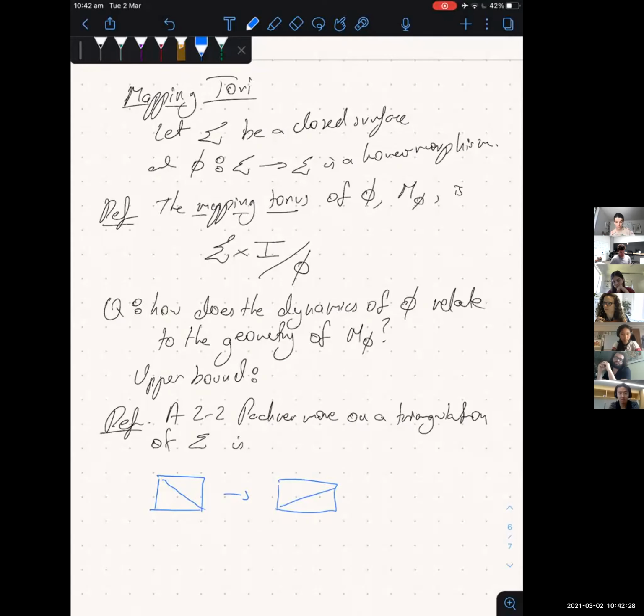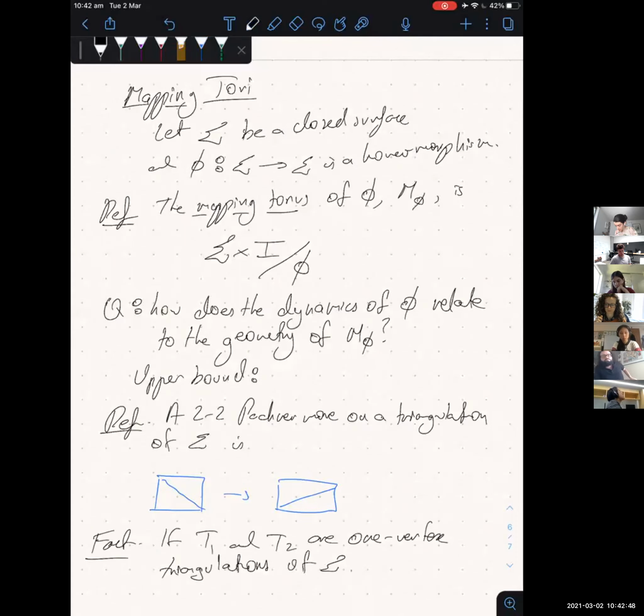So that's a move. And then it's a fact that if you've got two one vertex triangulations of the same surface, you can move between them using these 2-2 moves.